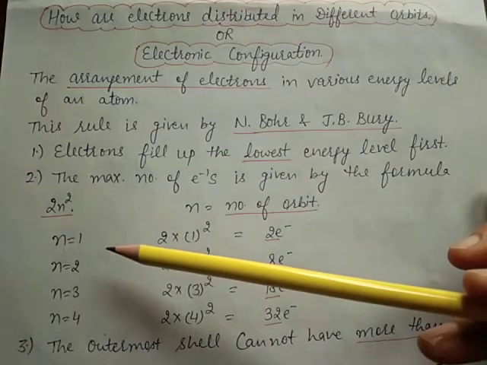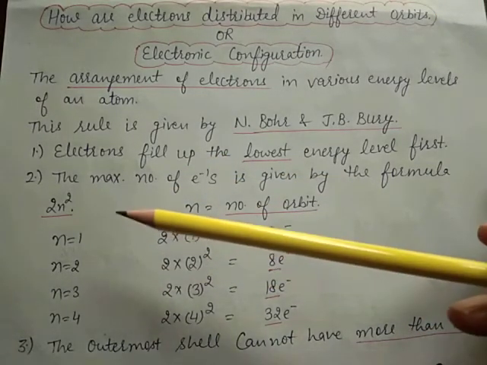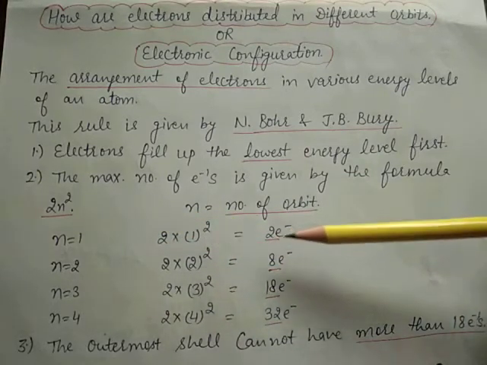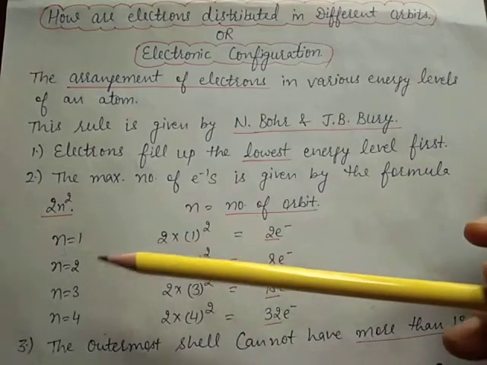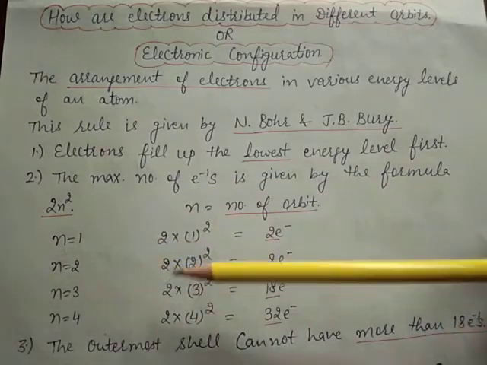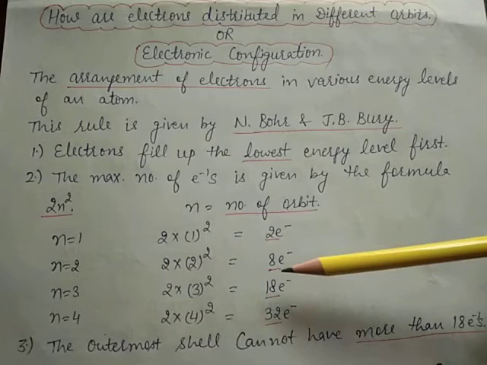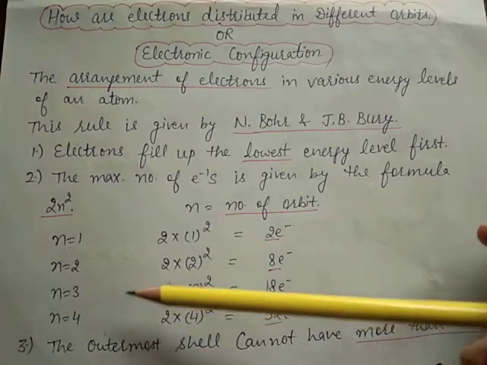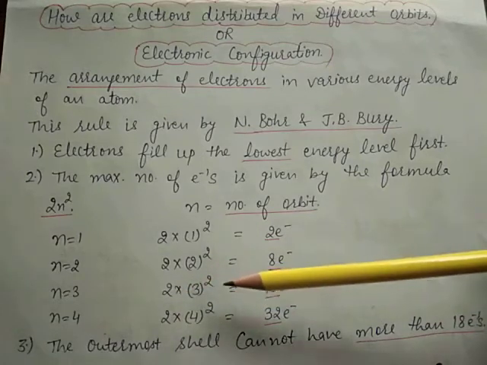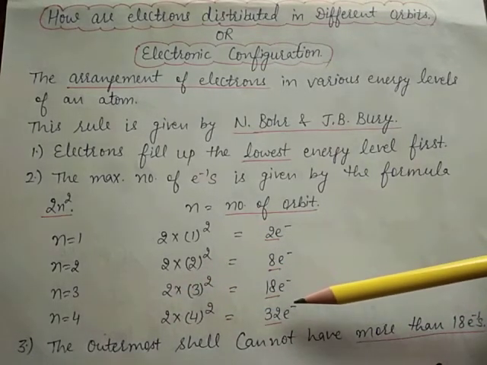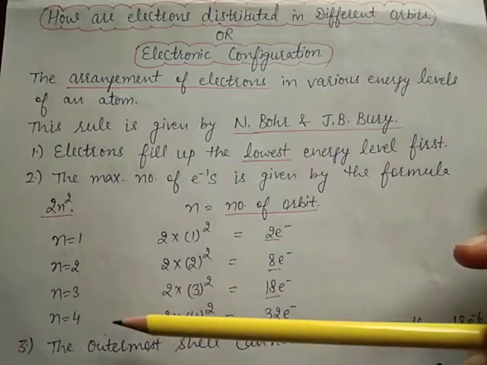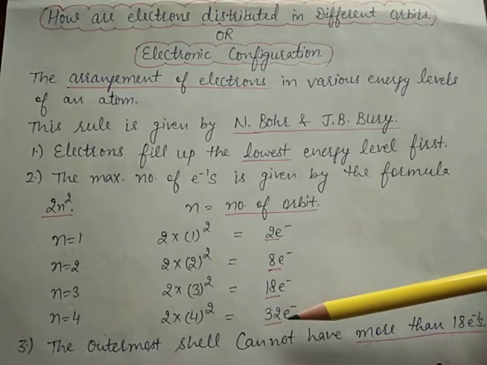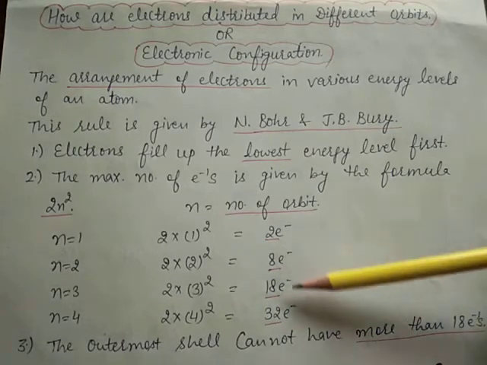If the n value is equal to 1, then putting this value here, 2 multiplied by 1 square is equal to 2 electrons. If n is equal to 2, then 2 multiplied by 2 square is equal to 8 electrons. If n is equal to 3, then 2 multiplied by 3 square is equal to 18 electrons. And if n is equal to 4, then 2 multiplied by 4 square is equal to 32 electrons.